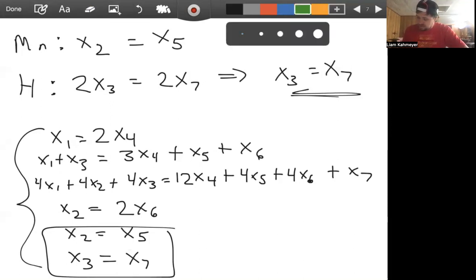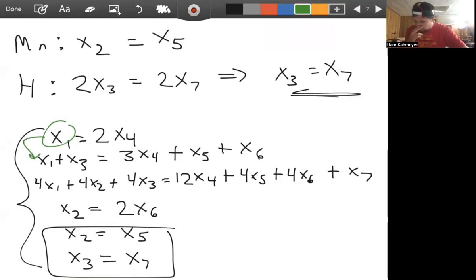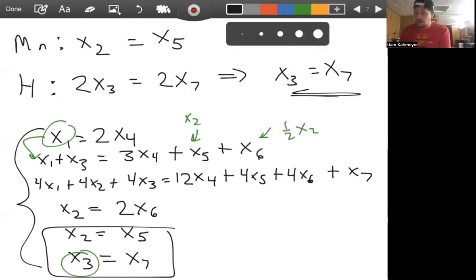Because here you could just say x1 is 2x4, x3 is x7, and then we know x5 is x2 and x6 looks like it would be 1/2 x2, right? And I would just keep going via substitution here, because let's see what this looks like when you write out the augmented matrix for the system.